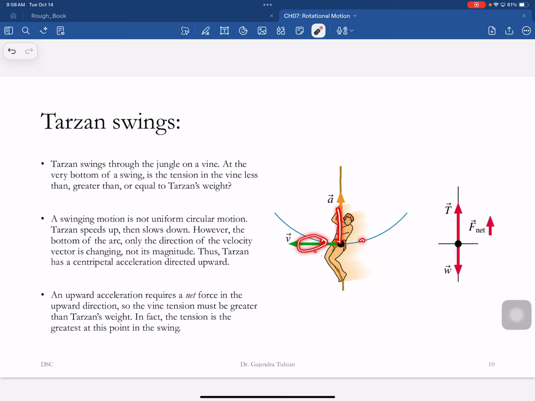You need a centripetal force in that direction. And where's that force coming from? Well, here's Tarzan's weight, and here's the tension on the vine. So the tension minus the weight is equal to the centripetal force.